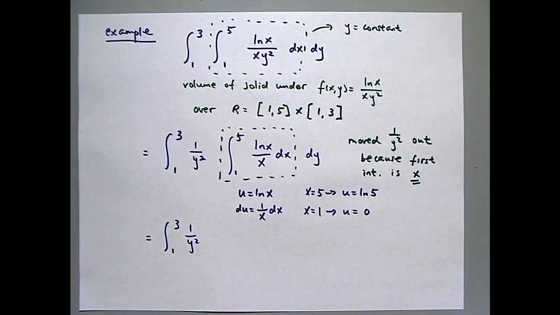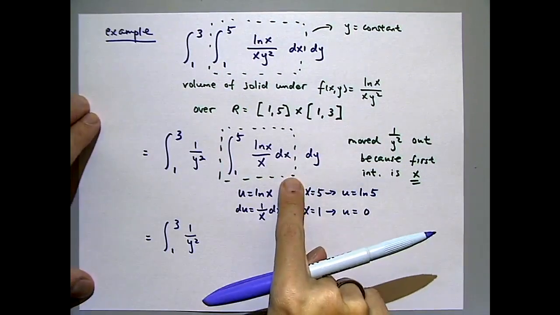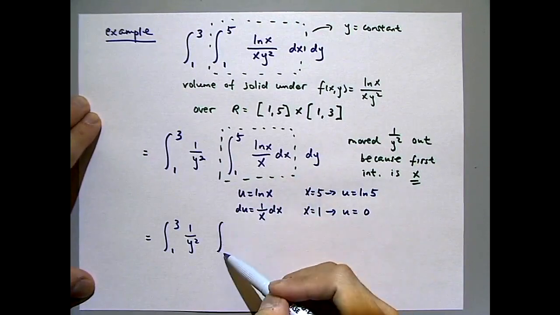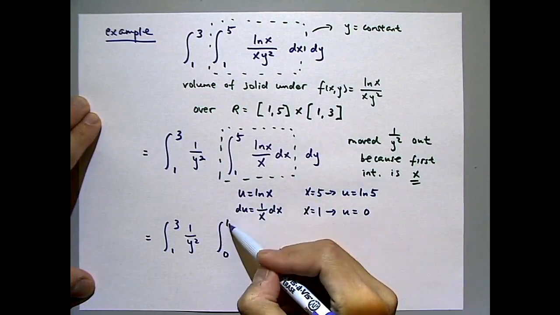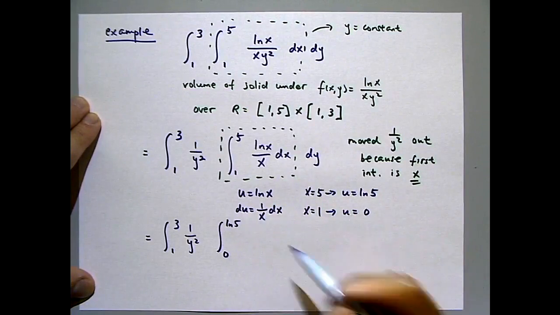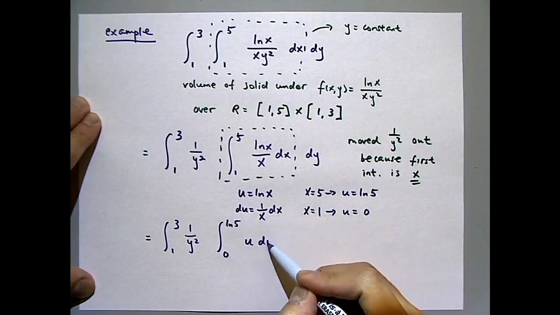It has to take its turn. It's like playing baseball: you got to wait for the one team to bat first, and then it's your turn to bat. Same thing here. So this becomes the integral from 0 to ln of 5 of u du.